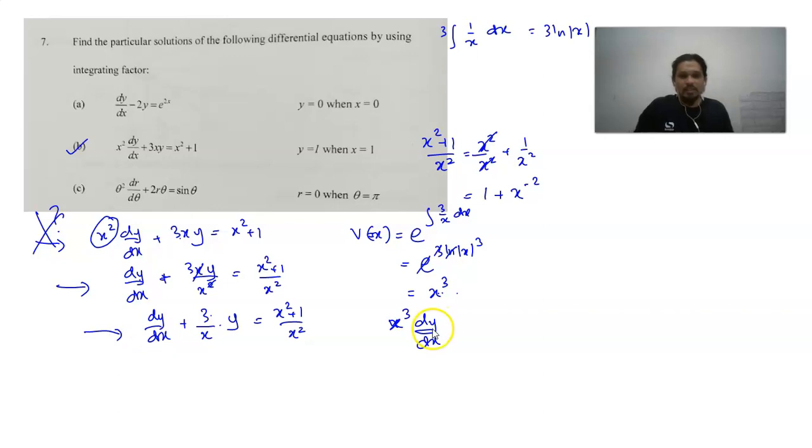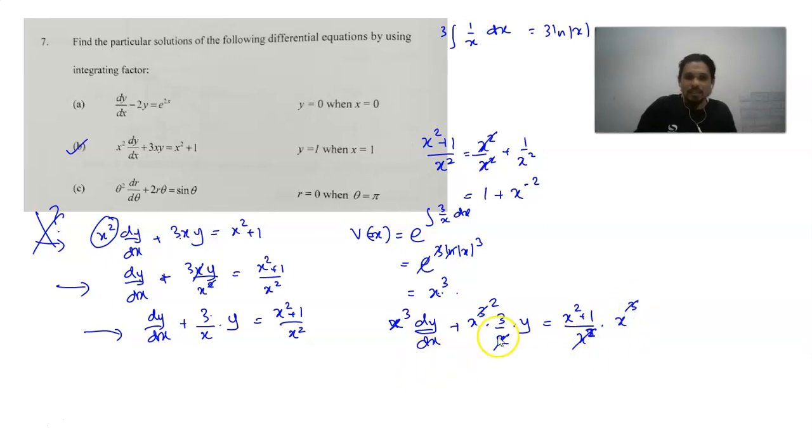So x cubed dy/dx plus x cubed times 3 over x times y equals (x squared plus 1) divided by x squared, multiplied with x cubed. Cut this one, it becomes x squared, and here x.